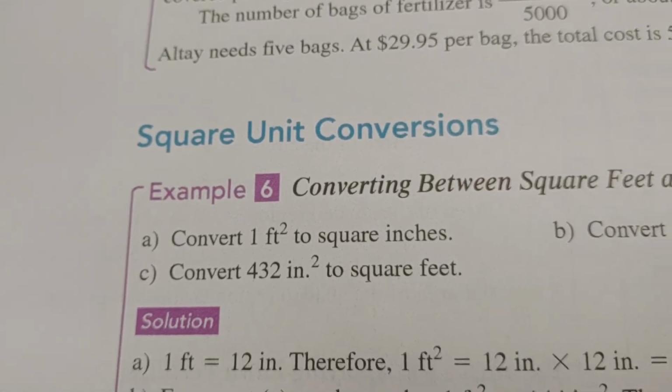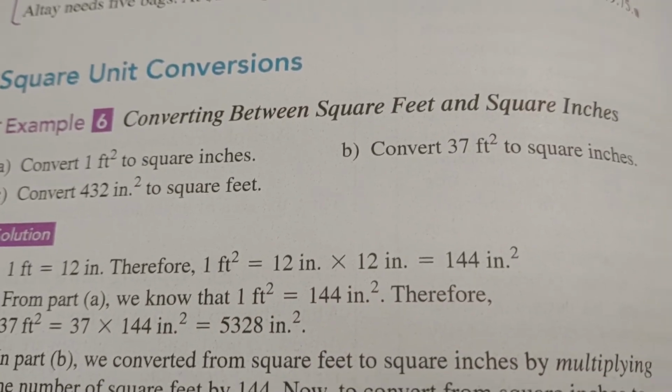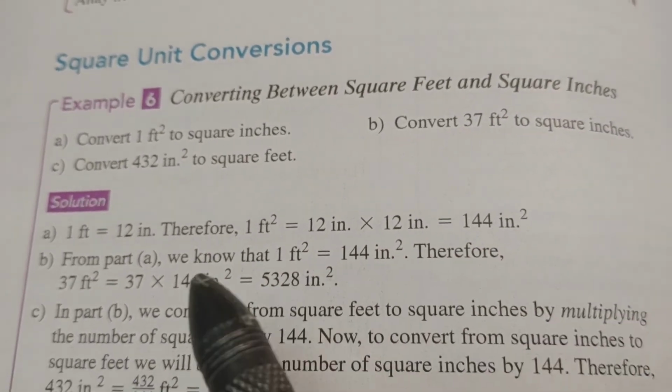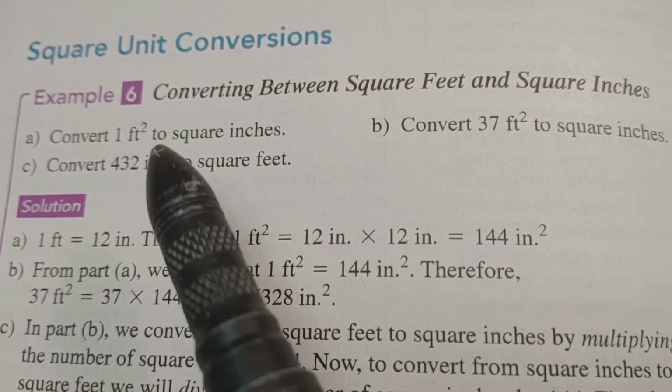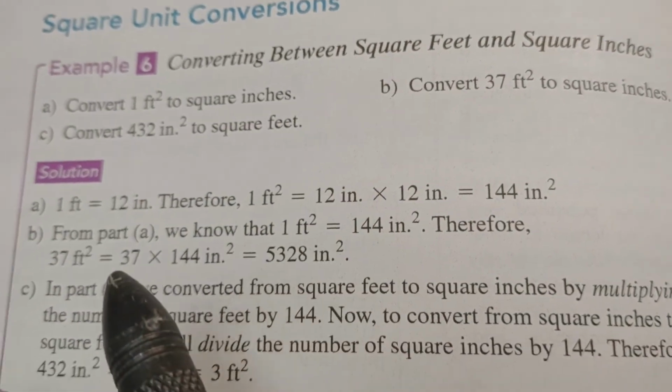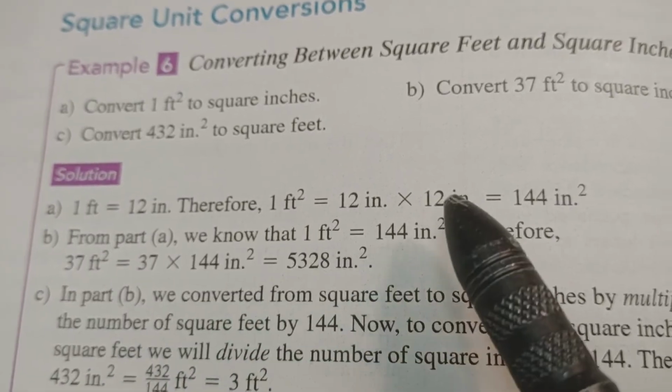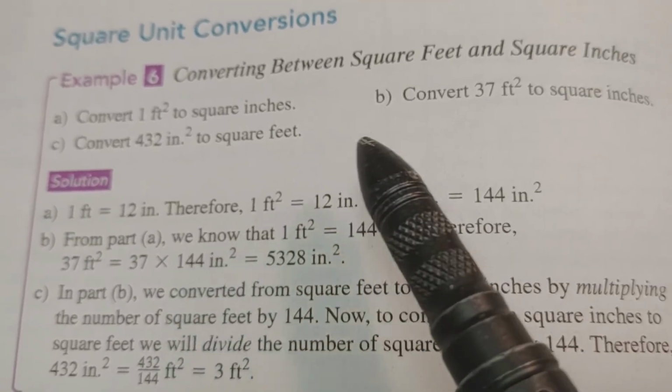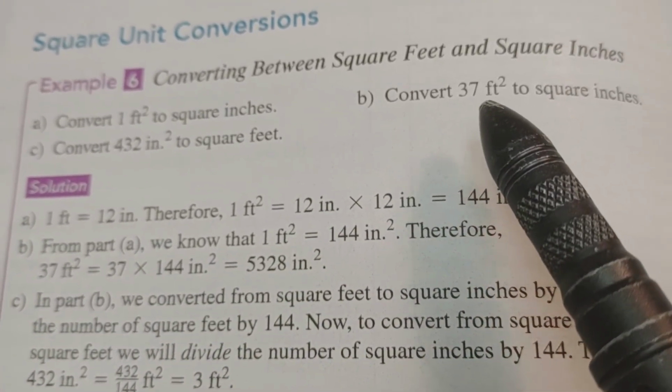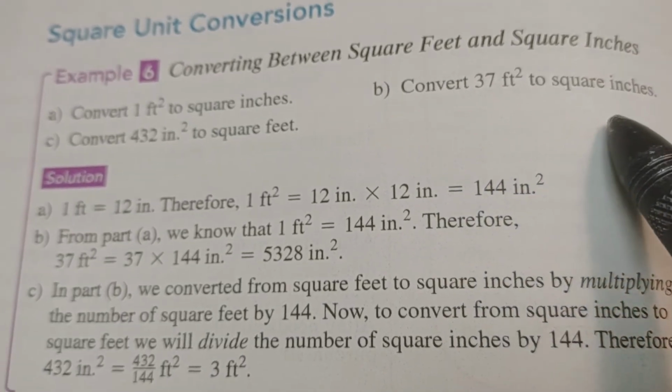If we talk about square unit conversions, then basically we want to convert 1 square foot to square inches. We've got to go 12 by 12, so it's 144. We want to convert 37 square feet to square inches.